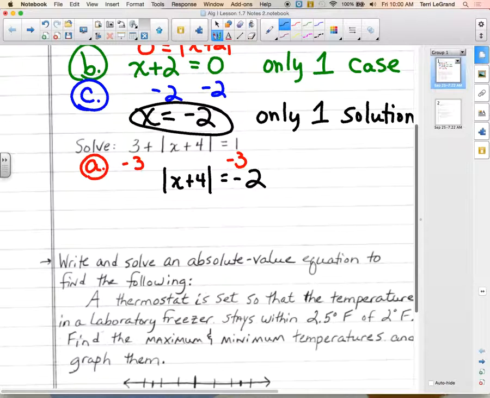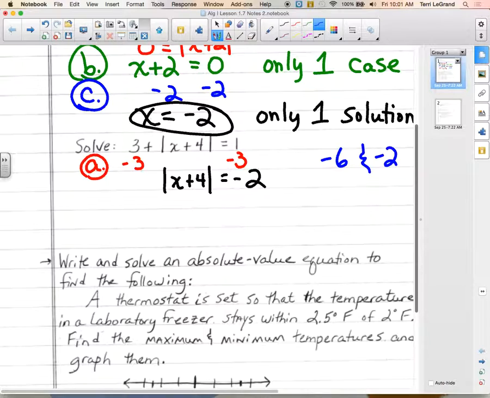Let's go ahead. Did you, Brendan? What did you get? -6 and -2. Okay, so let's just remember how we said we can check to see if our answers check out. So -6 put in here. -6 plus 4 is -2. What is the absolute value of -2?